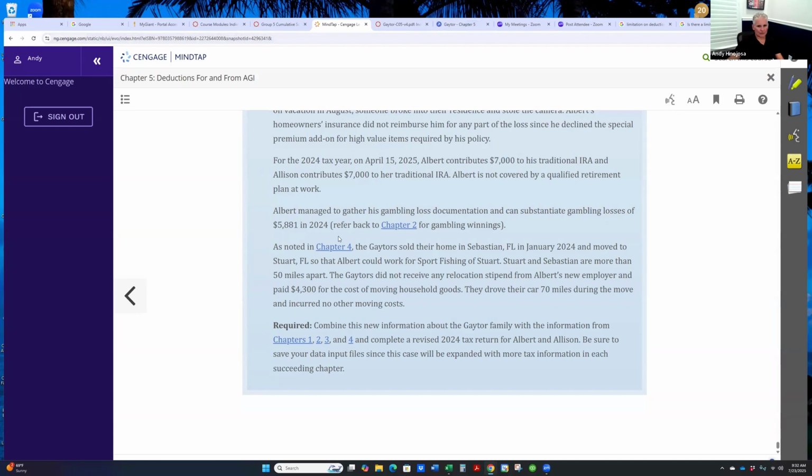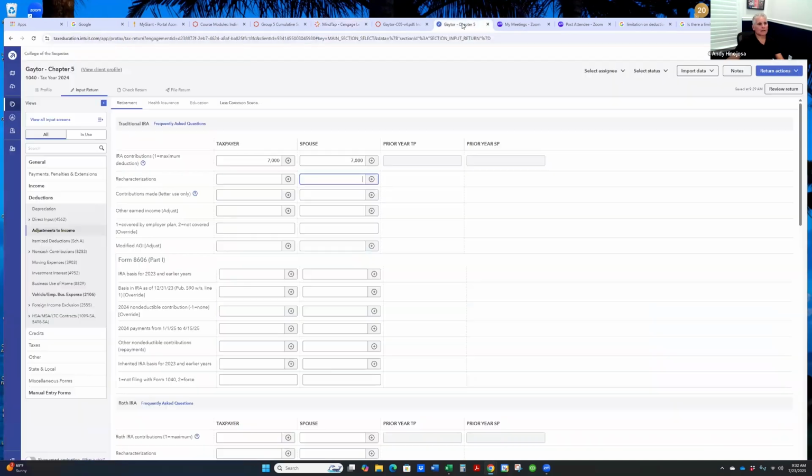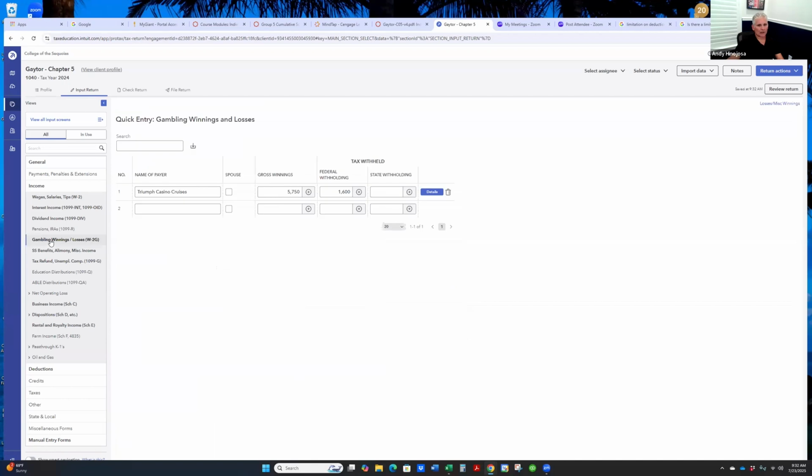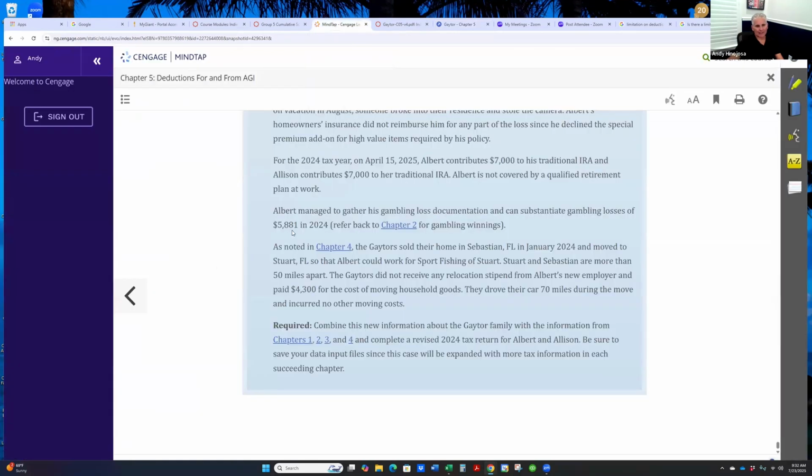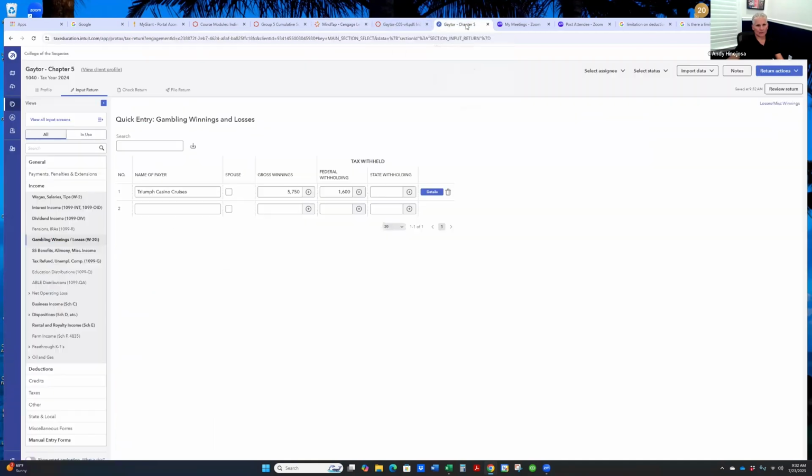I think it was chapter 2. We'll have to go to income, and it was under gambling winnings and losses. We'll check on it. Gambling, Triumph Casino Cruises. Albert had gross winnings of 5,750. That is the limit to what can be deducted. Going back to MindTap, they said it was 5,881 in total gambling losses, but the limitation will be to 5,750. So that makes it easy.